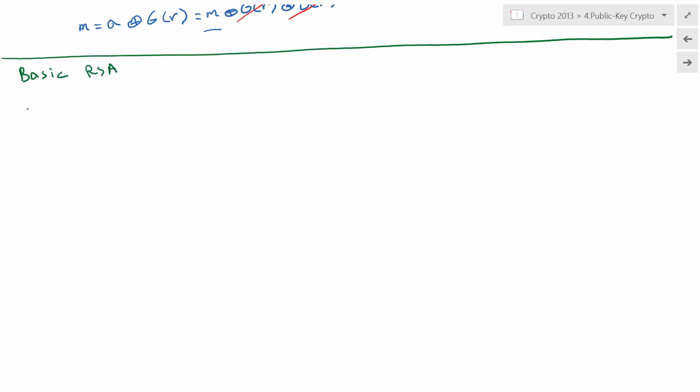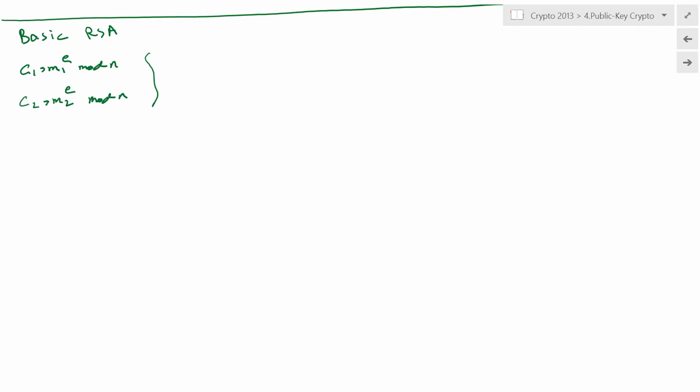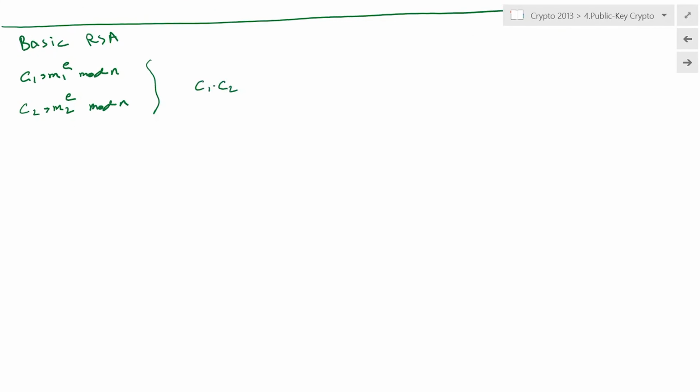When we encrypt, let me call C1 equals M1 to the E mod N, and C2 equals M2 to the E mod N. This encryption system has a homomorphic property, meaning that C1 times C2 mod N is equivalent to M1 times M2 to the E mod N, which is the encryption, with the given public key, of M1 times M2.